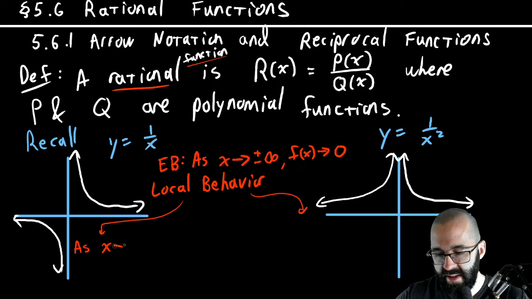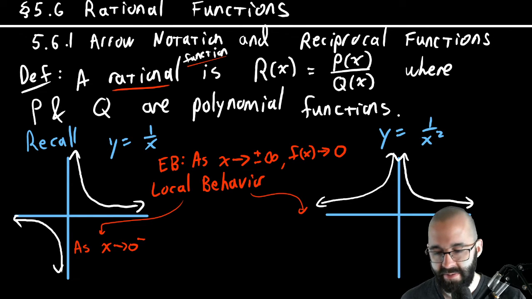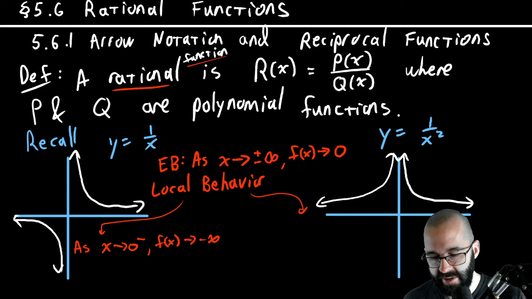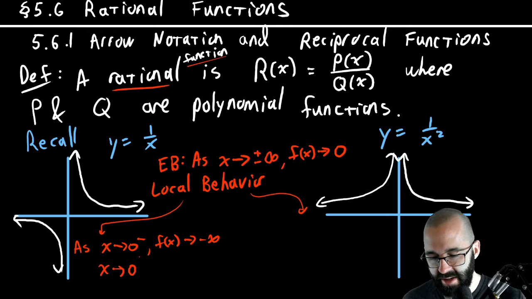So each one of these is going to have different local behavior. Here we're going to say as x approaches 0 from the left, that's a negative in the superscript. It's not an exponent, it's a superscript, just like in the word second. So as x goes to 0 from the left, the function goes down to negative infinity. As x approaches 0 from the right, I bet you can guess what goes here. From the right, the function approaches positive infinity.